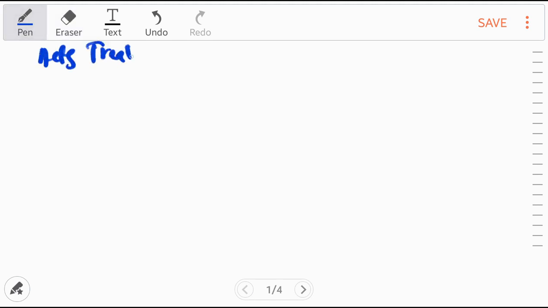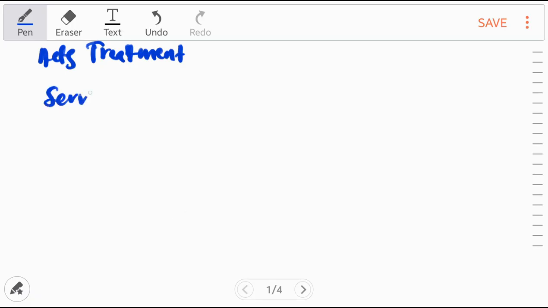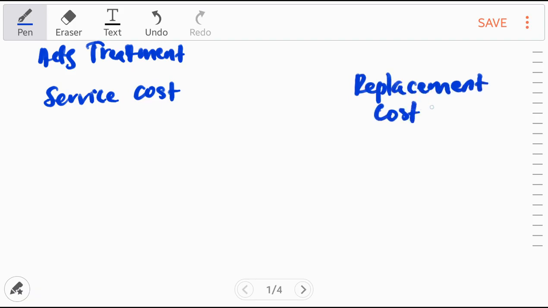Question on accounting treatment. And you have two things here. One is the service cost. The other one is the replacement cost.